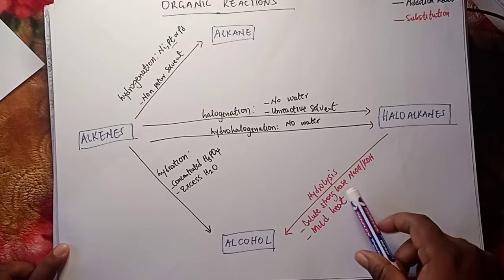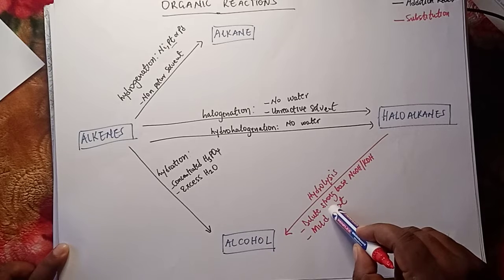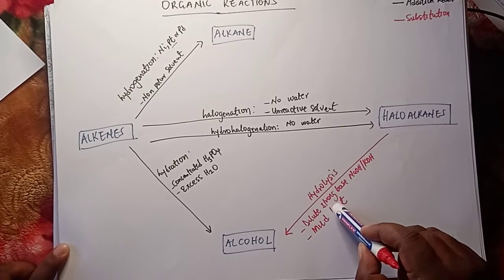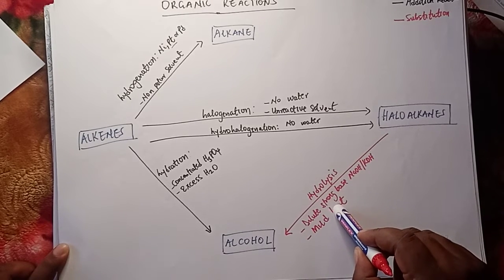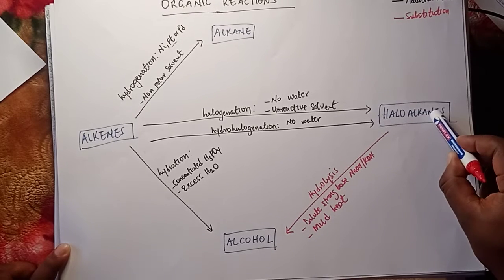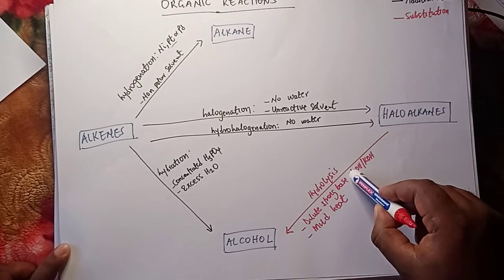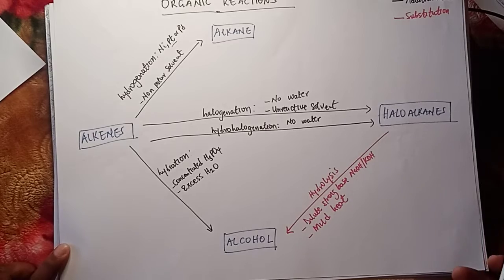I want you to pay particular emphasis on this, because when we start talking about elimination reactions, we will see another type of reaction that is similar to this, which is dehydrohalogenation. Just pay more attention to this: you can convert haloalkane to alcohol using the process called hydrolysis.